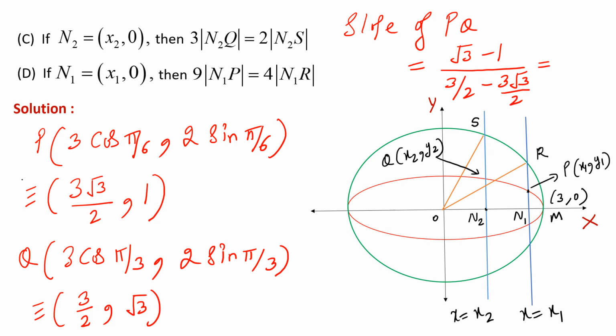Now you can take out 3 by 2 common from the denominator, and root 3 minus 1 gets cancelled up and down to give minus 1 in the denominator. So finally it becomes minus 2 upon 3. Now students, we find the equation of the line PQ.